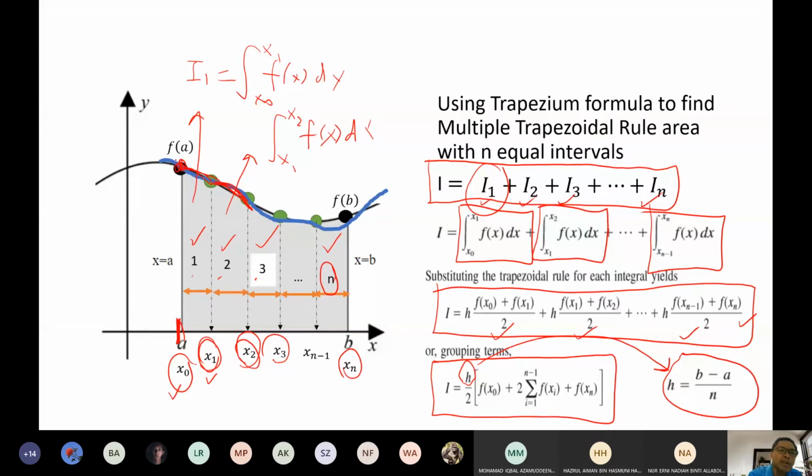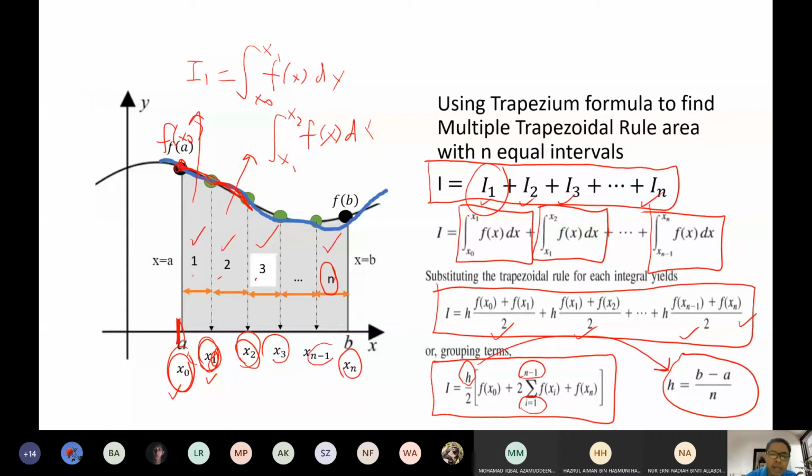Remember that this is your f(x0), because your x0 is here, plus 2 times the summation where the indices start from 1 until n minus 1.